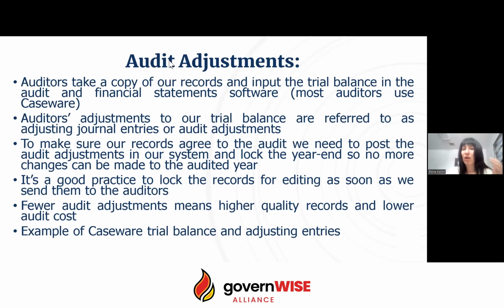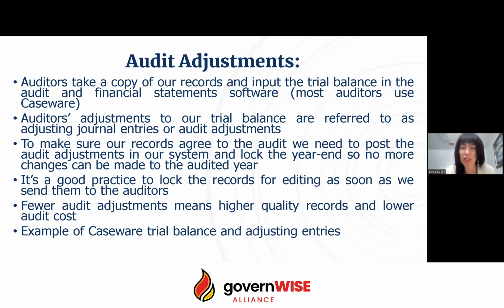So that trial balance that they take from us is their starting point. As they do the audit work, they may find adjustments. If they test a balance and say, okay, this is incorrect, this has to be fixed, they make adjustments in their software. So in Caseware, they don't touch our software during the audit, or at least most of them work this way, because they're supposed to be independent of our records and do the work in their own system.